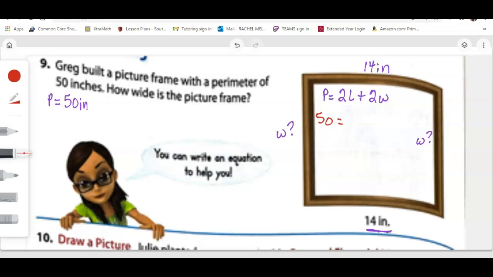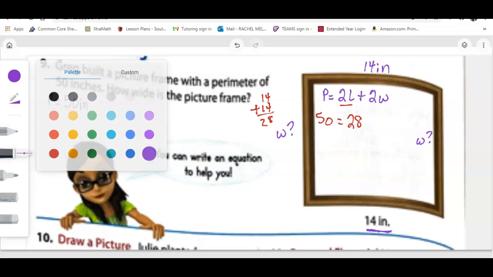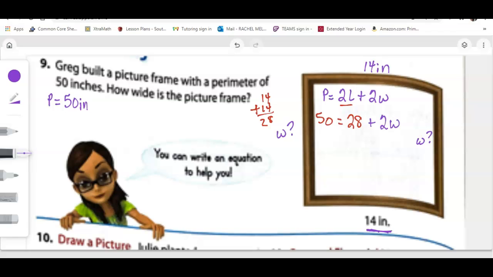And we also know the length is 14. So 14 plus 14 is the same thing as 14 times 2, right? So we know this part is 28. What we don't know is this part.